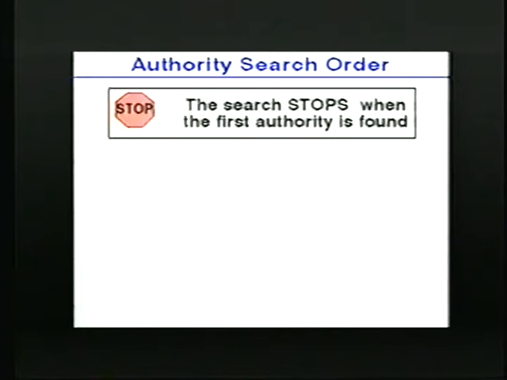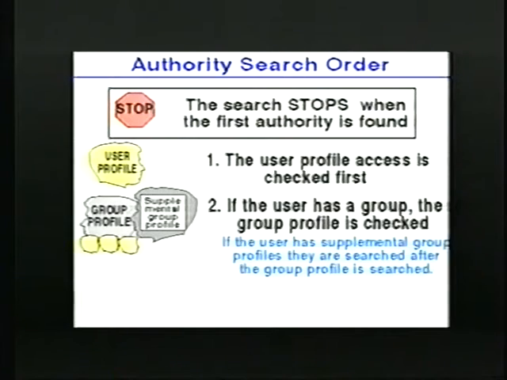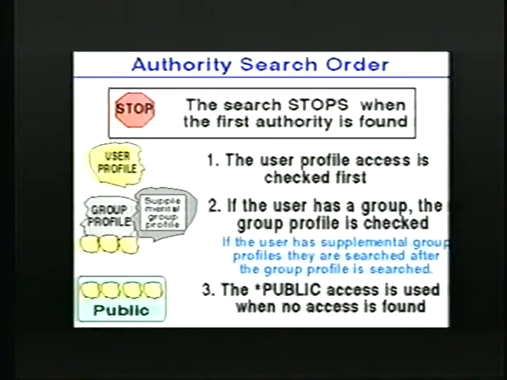The authority search order is essentially the rule that IBM applies: whenever it finds authority at any level, it's going to stop. The first place it searches is the user profile, and it asks if you have access there. If you don't have any access, then it will go on and look at your group profile and your supplemental group profiles.